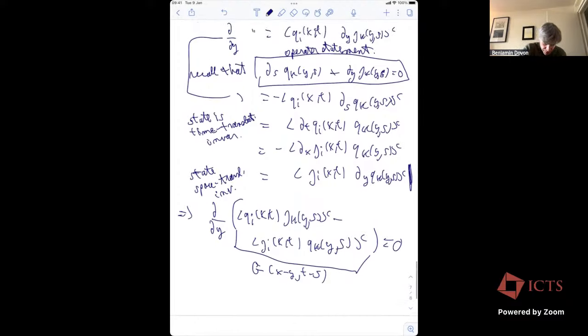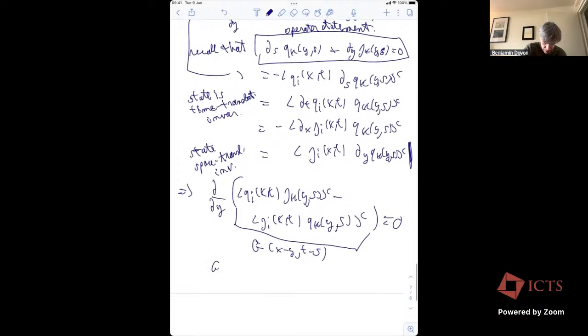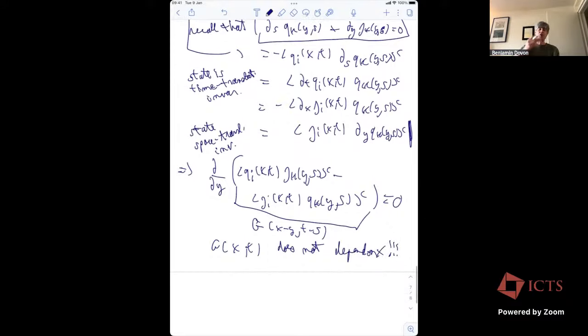So G of, say, x and t does not depend on x. It's interesting.